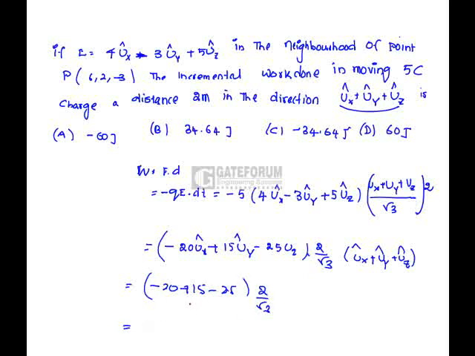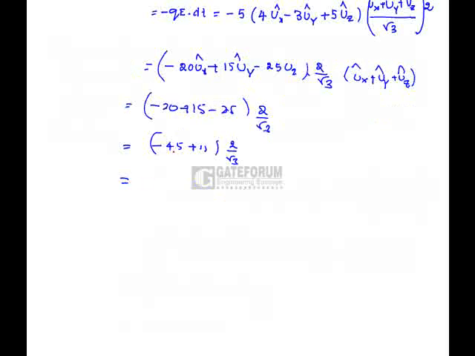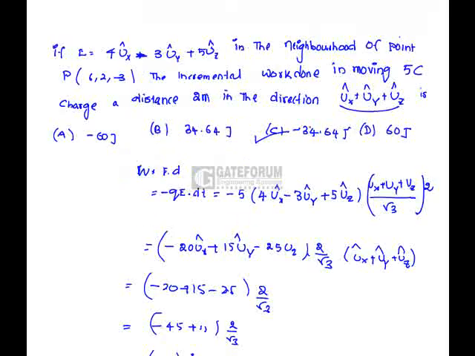So minus 45 plus 15 over root 3, that is minus 30 over root 3, which equals minus 34.64 joules. Hence option C is correct.